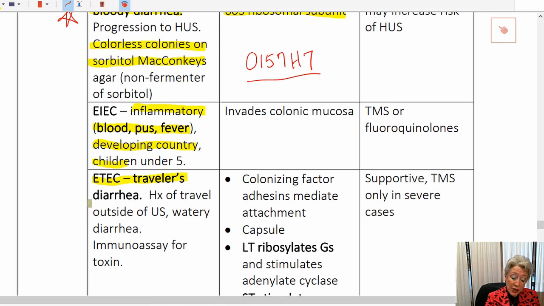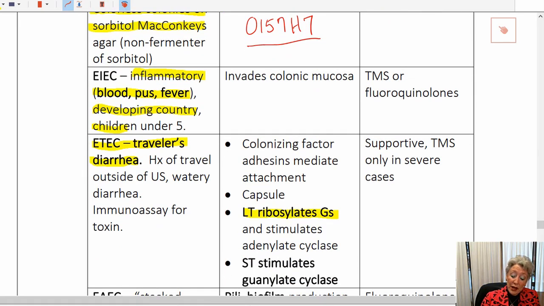ETEC is the most common cause of diarrhea in travelers. So the T in that case stands for toxigenic. And remember, the toxin ribosylates G sub S, causing that watery diarrhea. The stable toxin stimulates guanylate cyclase.